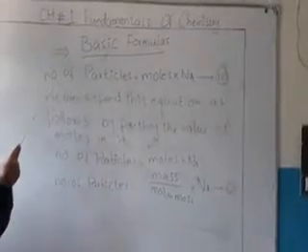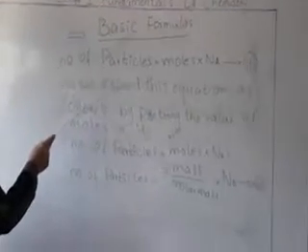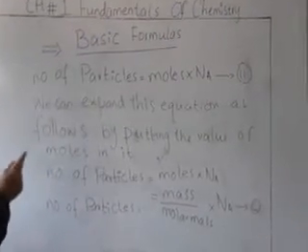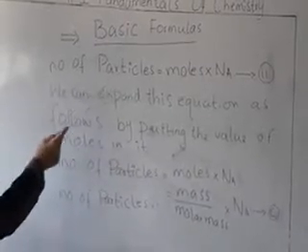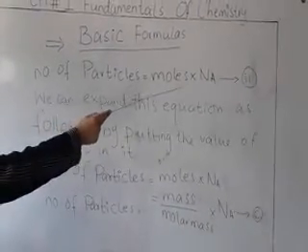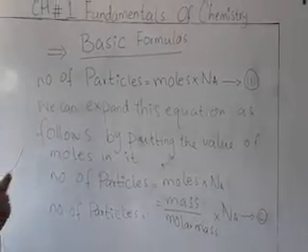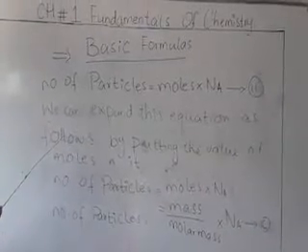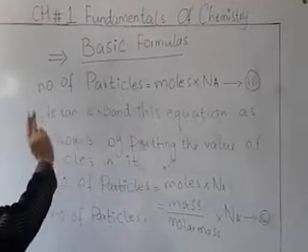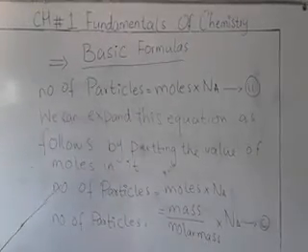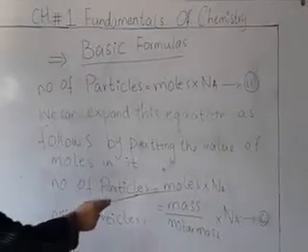The same equation can be expanded to apply in another way. The equation says number of particles is equal to moles into Na. We can expand this equation as follows by putting the value of moles as we did in our equation number 1. So number of particles equals moles into Na.